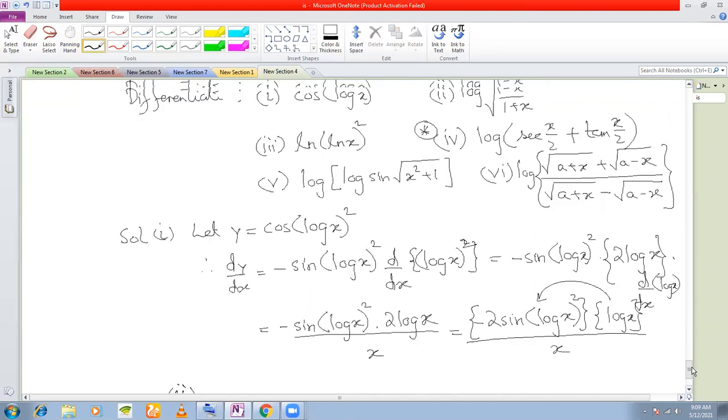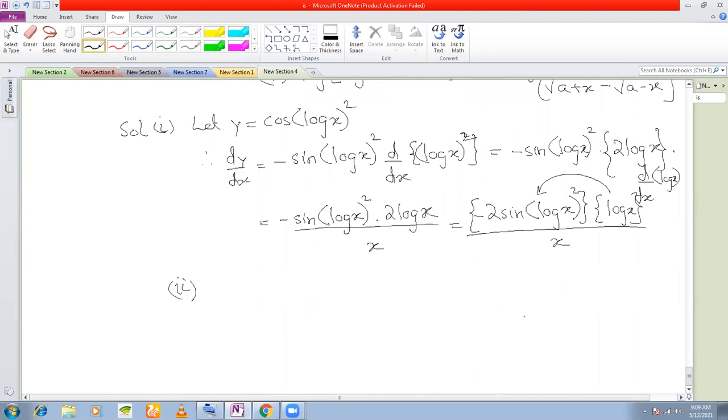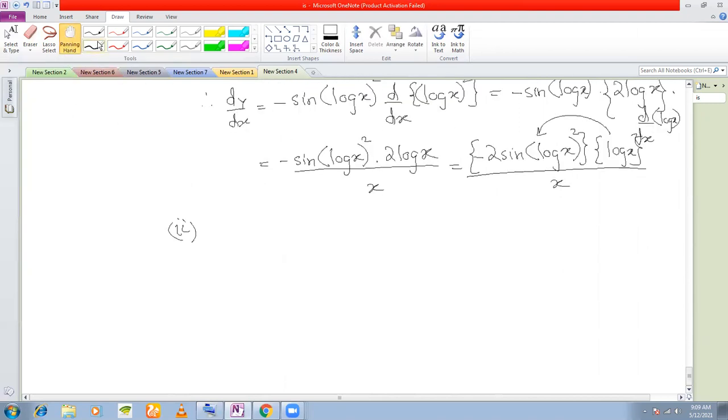Second one, log of root (1 minus x by 1 plus x). Now see, you can differentiate this directly, but it would help a little maybe to remove a radical.